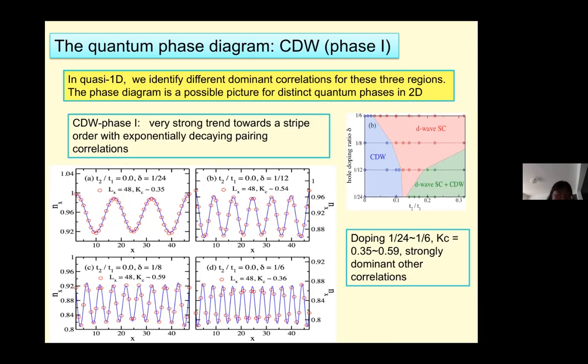And the amplitude decays extremely slowly. If we fit the amplitude decay, we get an exponent around 0.36 to 0.6, which indicates very strong CDW order.